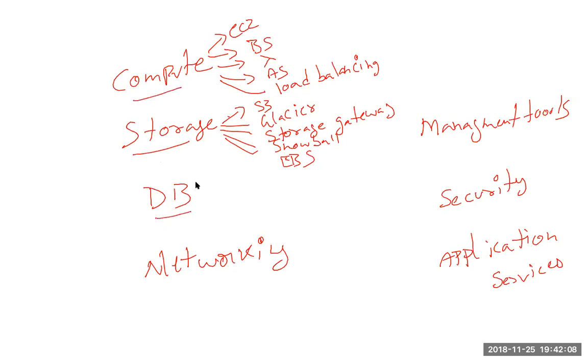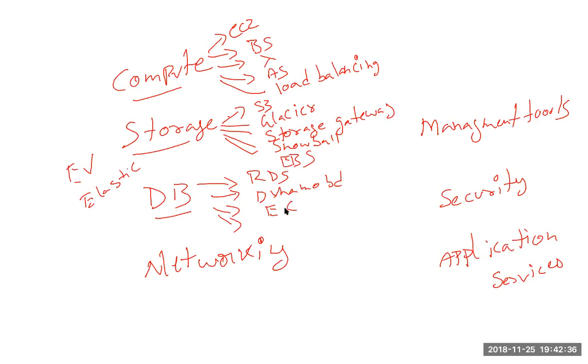I have another category called DB. In the DB, I have something called RDS, that is for relational databases. I have something called DynamoDB. This is for NoSQL databases. I have something called Elastic Cache. Remember, anything that starts with E means elastic in Amazon.